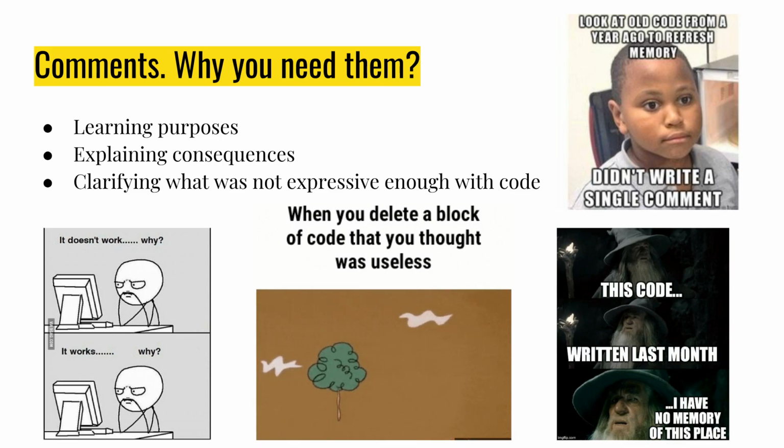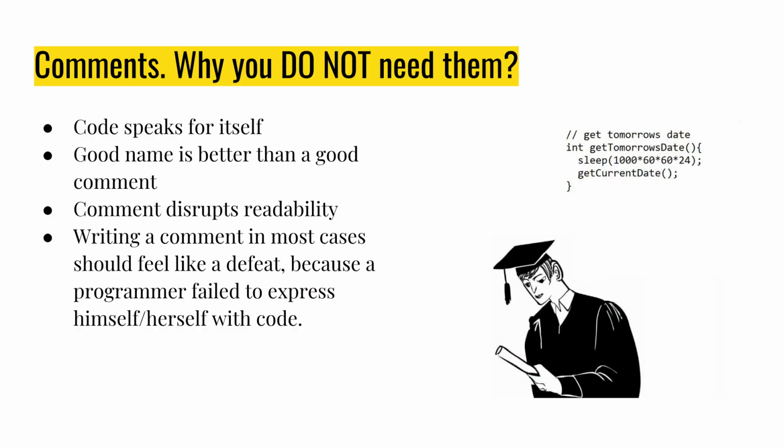So clarifying if needed is a lazy way of explaining what you should have expressed through code. So why don't you need comments? Code speaks for itself. A good name is better than a good comment. It disrupts readability.